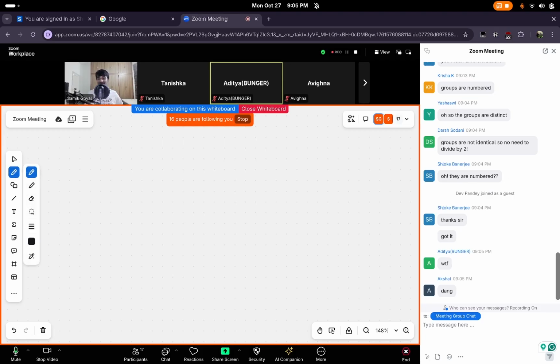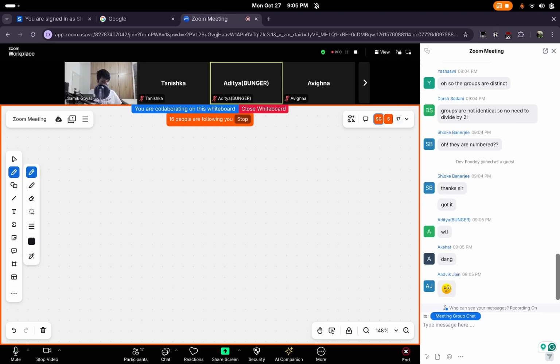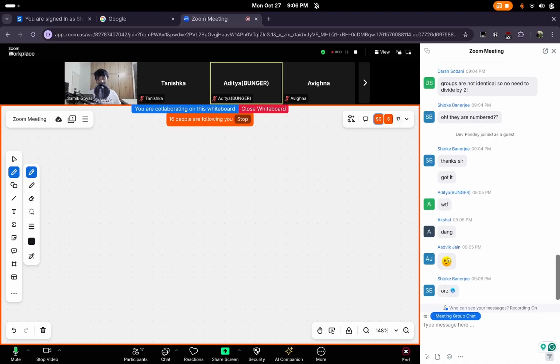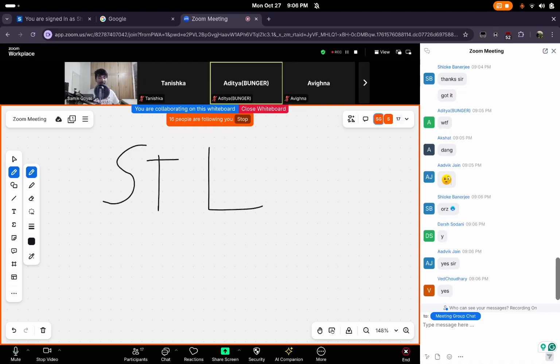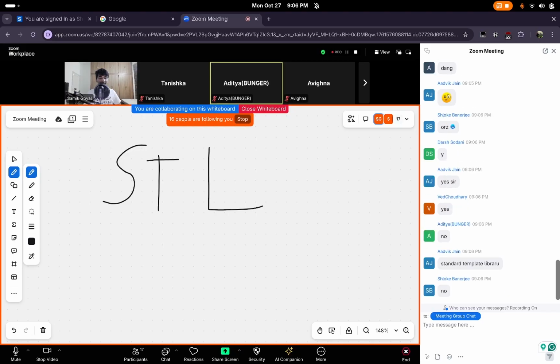Okay, so let's get into this. We have quite a few C++ data structures that we're going to discuss. So let's start with the STL. Do you know what the STL is? Yes, standard template library.